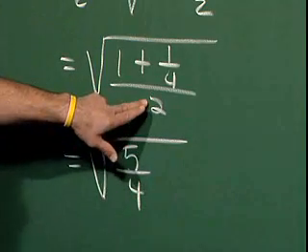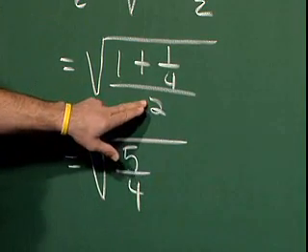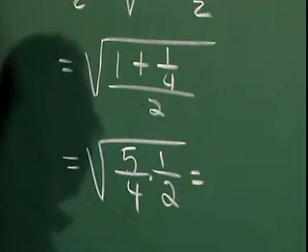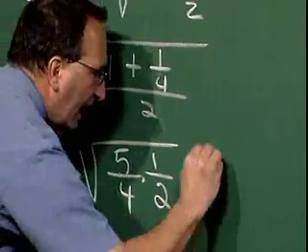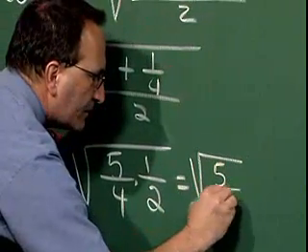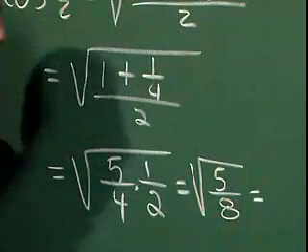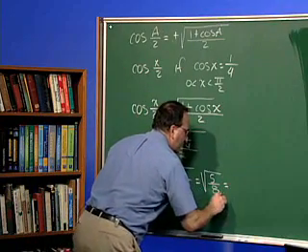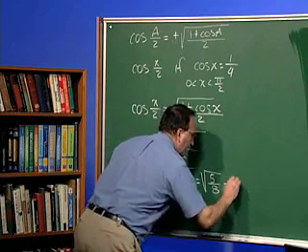And now, when you're dividing by 2, you actually multiply by 1/2. That will then give me the square root of 5/8, which, if I rationalize the denominator, I multiply top and bottom by the square root of 8.